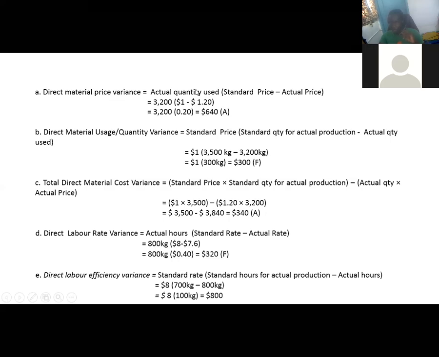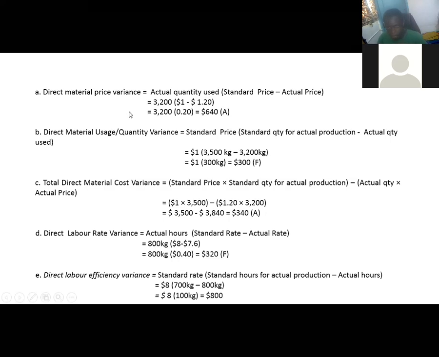So standard price minus actual price will be in bracket. Last week I also said that when we are talking about variances, we are talking about differences between standard cost and actual cost. So you could realize that in the bracket we have our standard price and then our actual price. Okay, just a reminder before we move on.